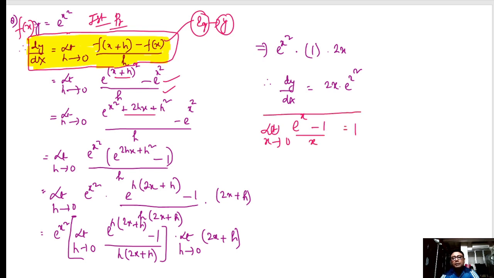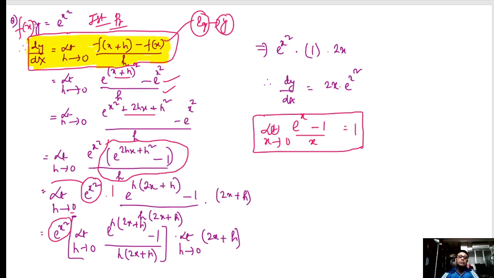This formula we will be using here. As you can see, there is no h here, so this will go out, and the limit will be applicable only to this part.